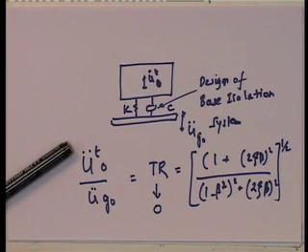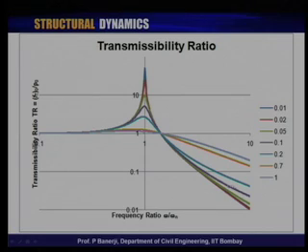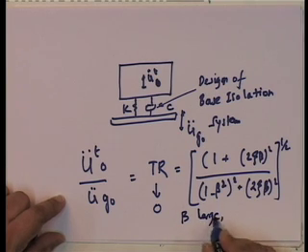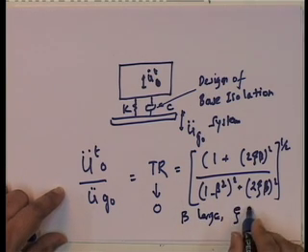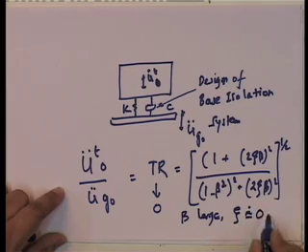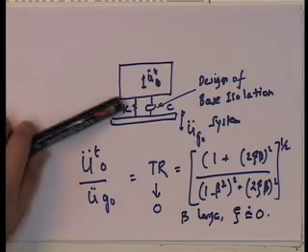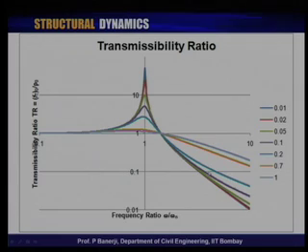Let us look at this thing. Again, where do you get transmissibility ratio 0? You get it when beta is very large and xi equal to 0, because the lower the xi, the faster it goes to 0.